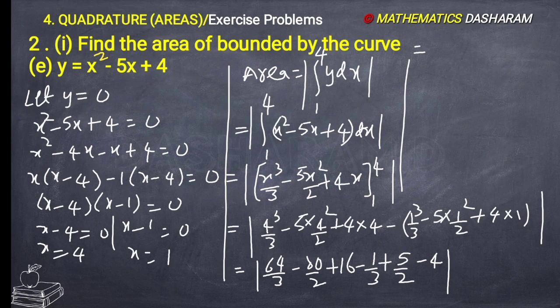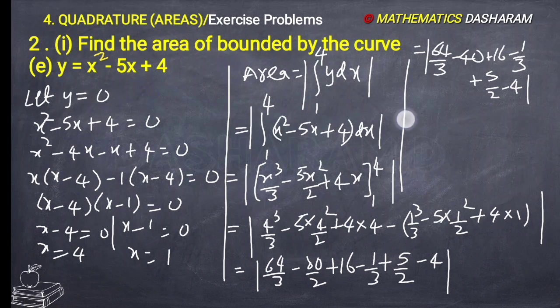So it equals mod of 64 by 3, and 80 by 2 is 40, plus 16, minus 1 by 3 plus 5 by 2 minus 4. So it equals 64 by 3 minus 1 by 3, minus 40 plus 16 is minus 24.